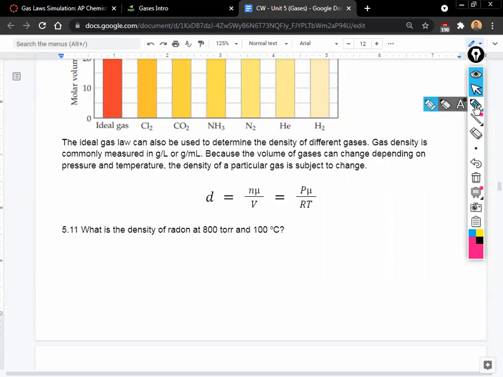Oh, sorry, I forgot to mention something. This right here is molar mass. It's pretty important. Okay, that little symbol, mu, is molar mass. Sorry about that, guys. Kind of impossible to solve that without it.